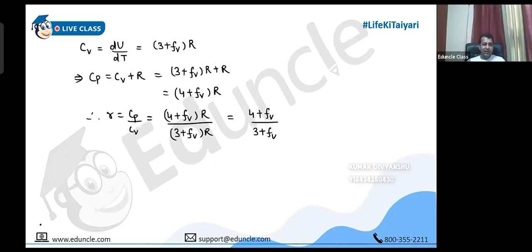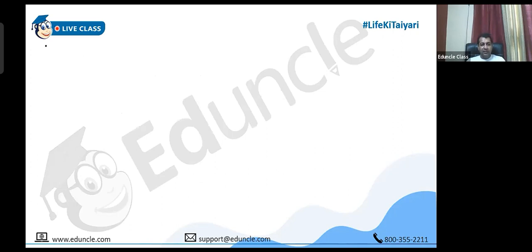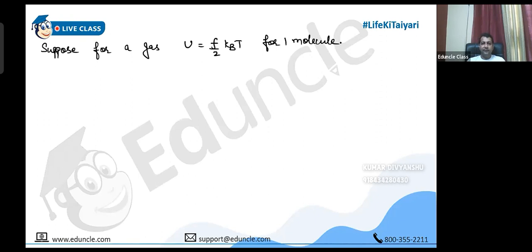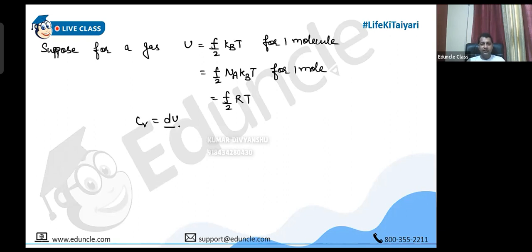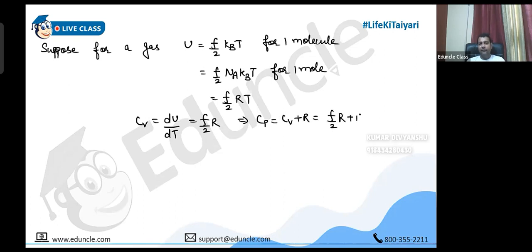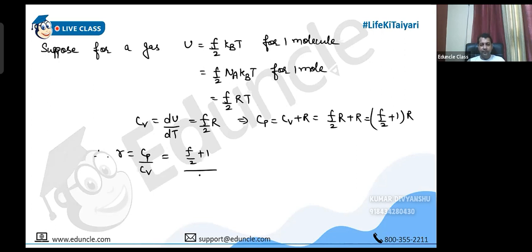Now let us have a generalized formula, an easier one than this. Suppose for a gas, U is F/2 kT for one molecule, and for 1 mole, CV is F/2 R. It means CP will be F/2 plus 1 into R. So gamma will be... this is the more generalized formula, an important one.